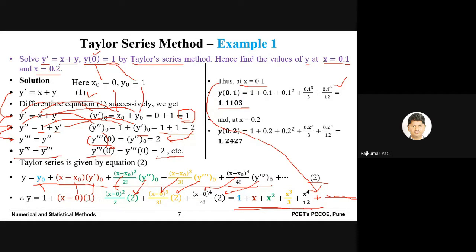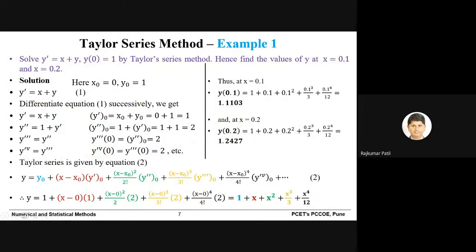Similarly, you can put x is equal to 0.2 and simplify that equation, and upon simplification you get y at 0.2 is 1.2427. So this is how you can get the solution.